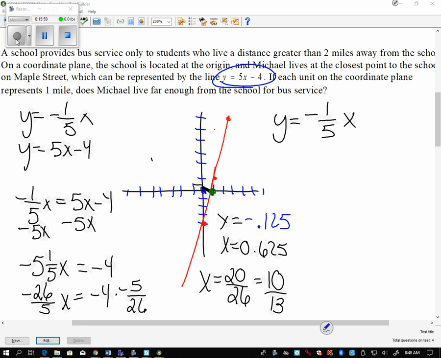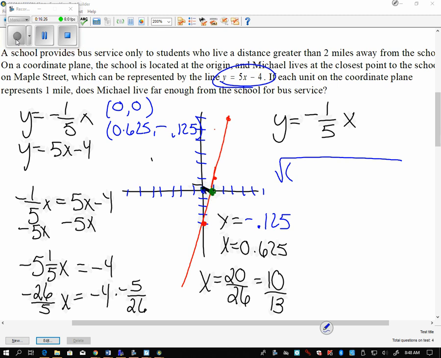Okay, so our final step here is to find the distance between 0, 0 and 0.625, negative 0.125. Distance formula, right? Now the thing is that it's a 0 minus in both places.